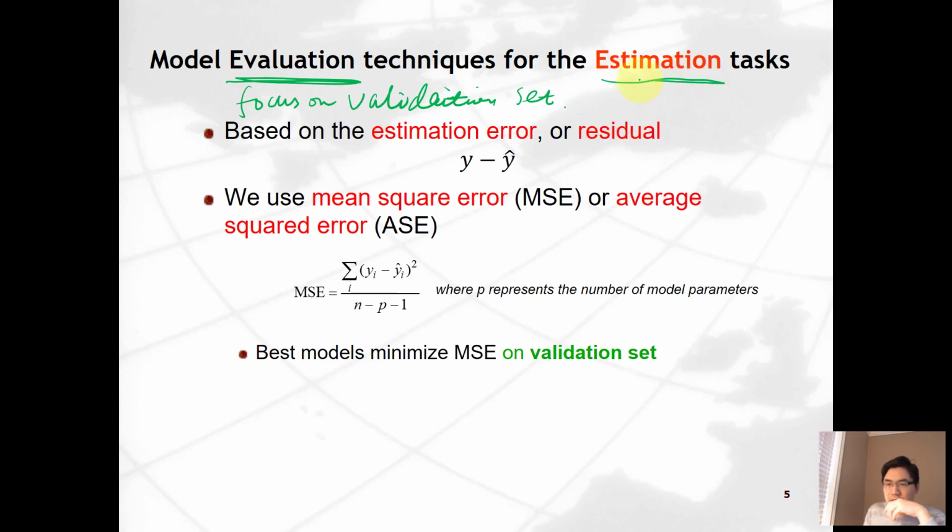For estimation problems, because the target is more numeric, and we call them interval type of variable here, there won't be a list of discrete labels, and all the values of the target variable, the interval variable, can be compared on a numeric range of values.